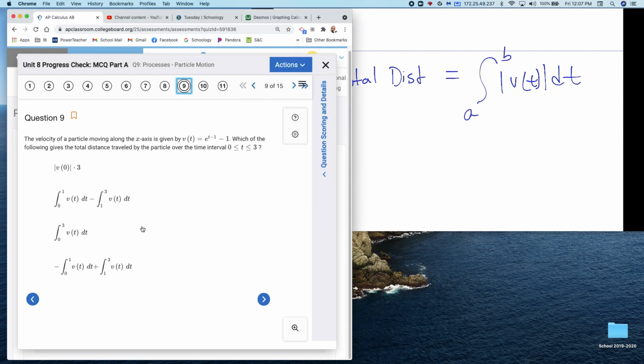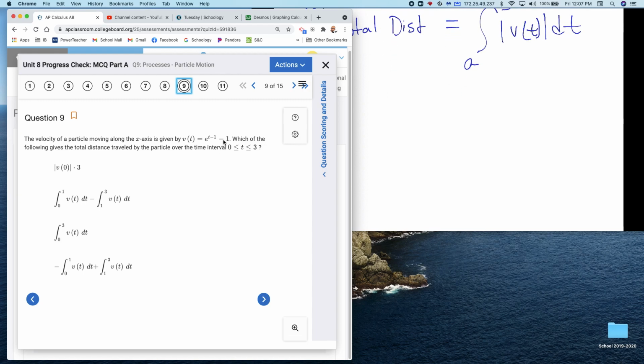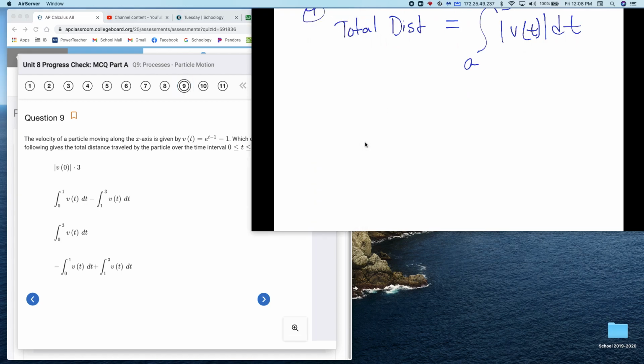Well, you kind of got to think to yourself, what's happening here? You know that this is a graph that's been shifted down 1, because of that -1. So initially the graph y equals e to the t minus 1 is going to be an exponential graph, right? But this one's been shifted down 1.